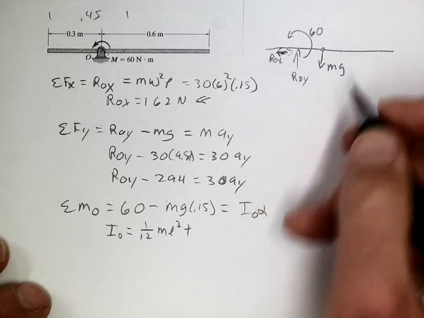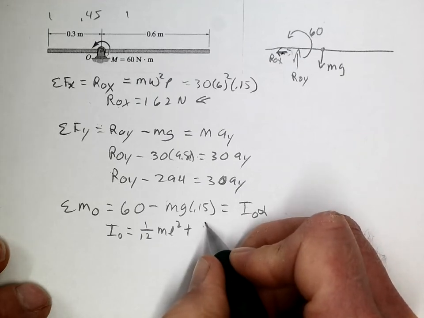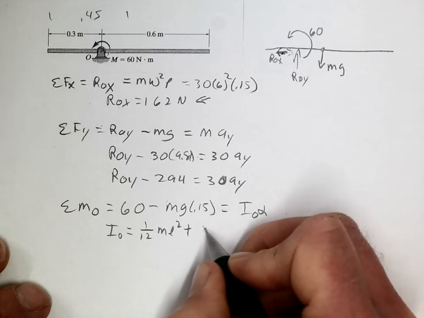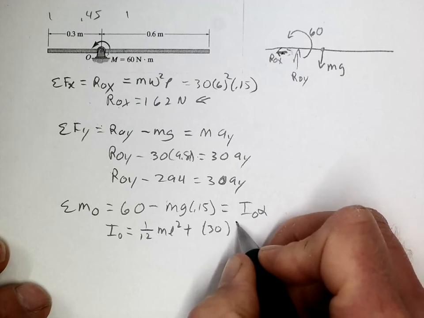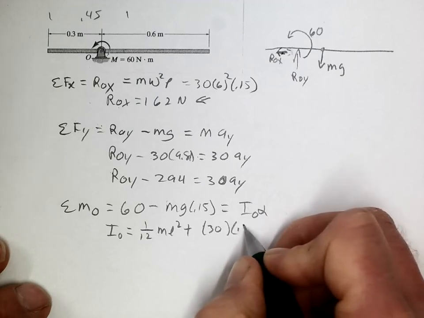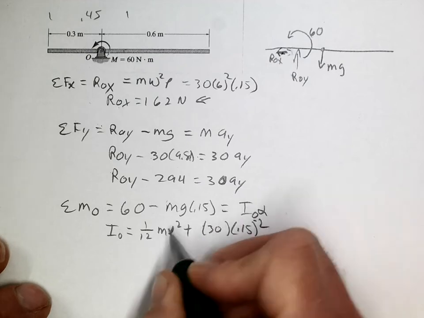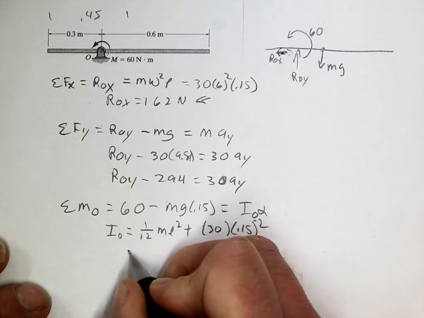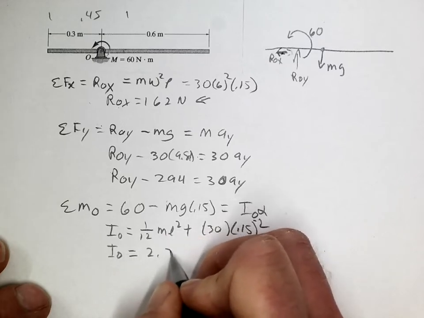So using the parallel axis theorem, we add the mass times the distance squared. The mass is 30, and the distance is 0.15 squared. So putting 30 and the length of 0.9 in, the moment of inertia is 2.7.